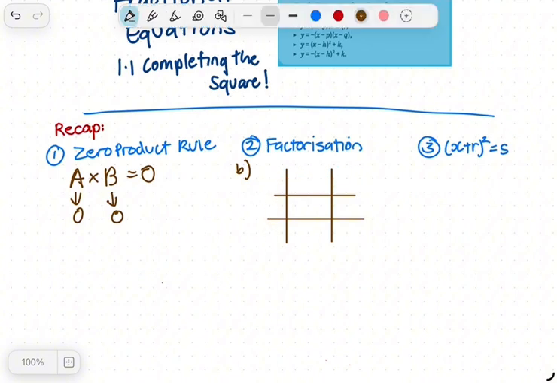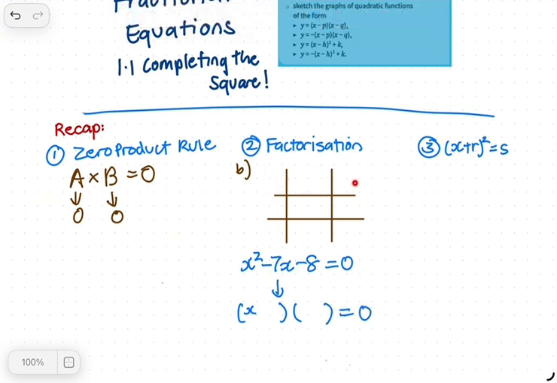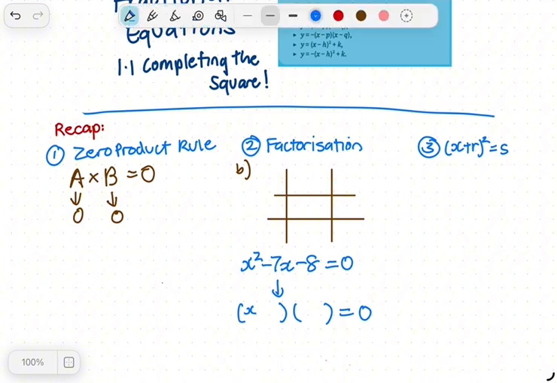From your equation, let's say x squared minus 7x minus 8 equals 0, it'll give you something like x plus or minus what times x plus or minus what equals 0. So these are gonna be these answers. This way of doing it helps you understand how to complete the square better.